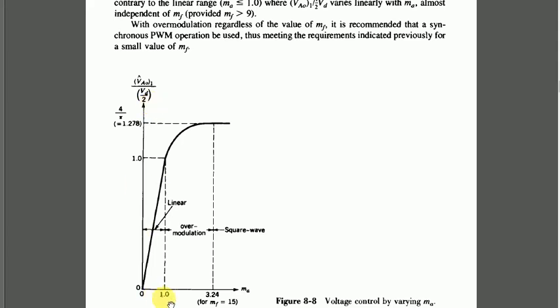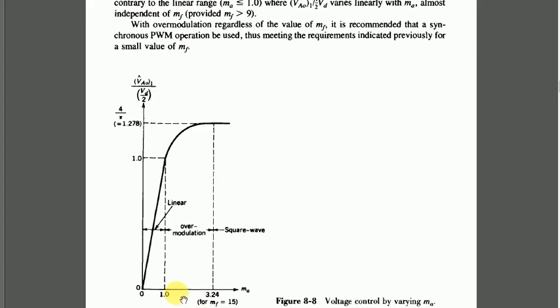Here we can see that in the range where amplitude modulation ratio MA is less than 1, there is almost a linear relationship, and there we used to take the product of amplitude modulation ratio with the VD by 2 factor to determine the peak value of the fundamental frequency component of the output voltage.